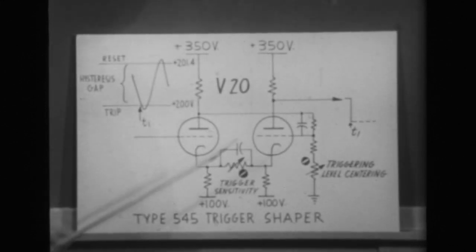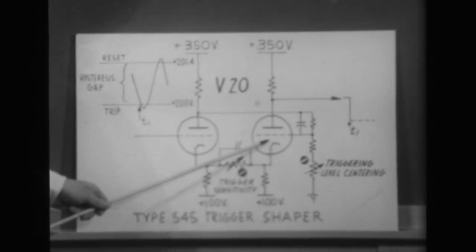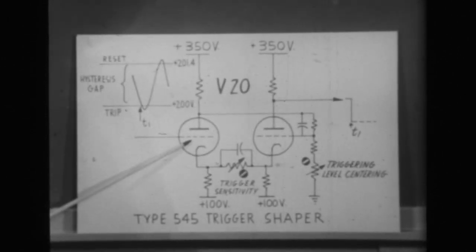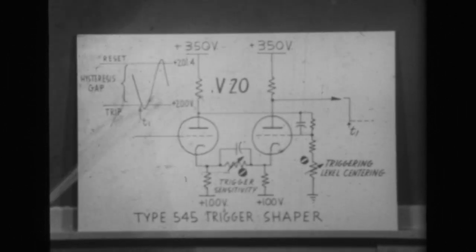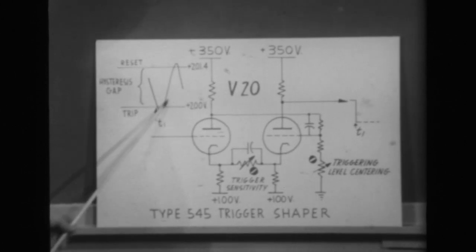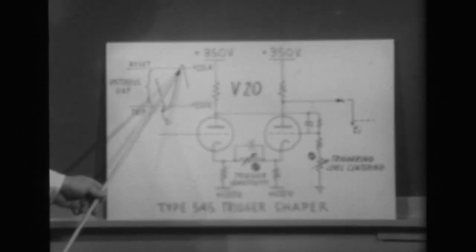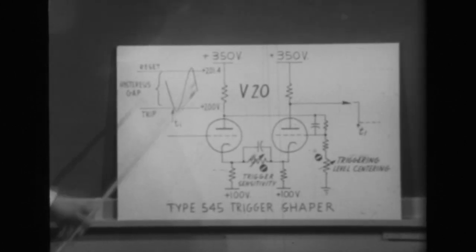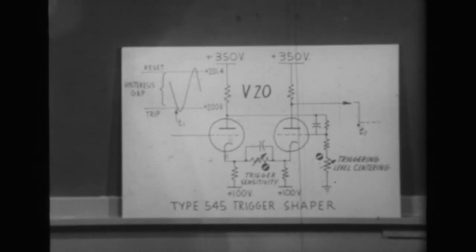Having snapped over, the multivibrator then sits with current in the right-hand tube flowing, no current in the left-hand tube, until the input grid goes through the rest of the waveform and begins to approach another critical voltage level, which we have labeled reset.